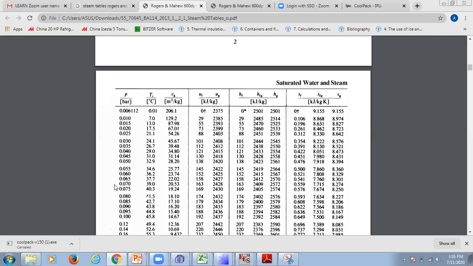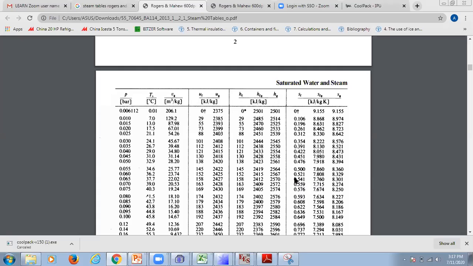This test is done in a very careful manner, very slow, to assure no irreversibilities. That's why these entropy values can be calculated simply, for example SFG is HFG divided by temperature in Kelvin. So the enthalpy increase divided by the temperature in Kelvin gives you the entropy increase.